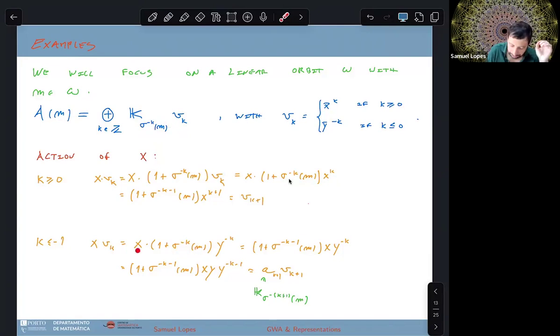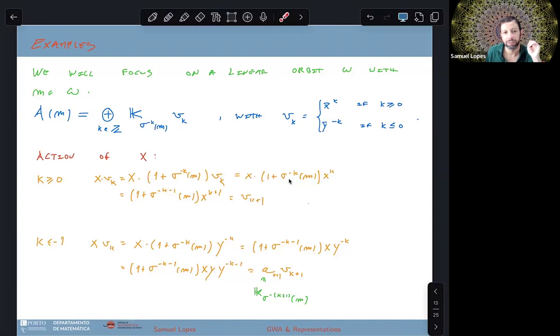So how does X act on this element Vk, which looks like this? Well, X wants to go to the right, and it can by applying sigma inverse, because the things here are things which are in R. So when it applies sigma inverse, it does nothing to 1, but it adds a sigma inverse to this part. So I get sigma to the minus k minus 1. And then here we have x y to the minus k.